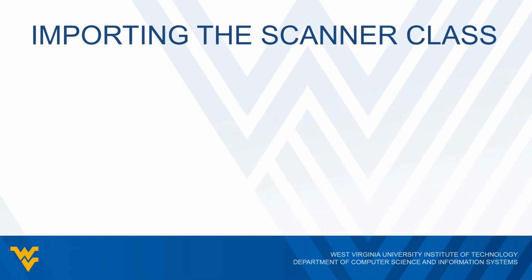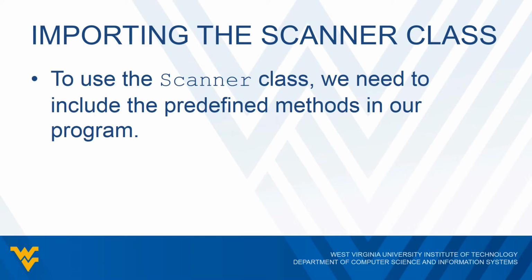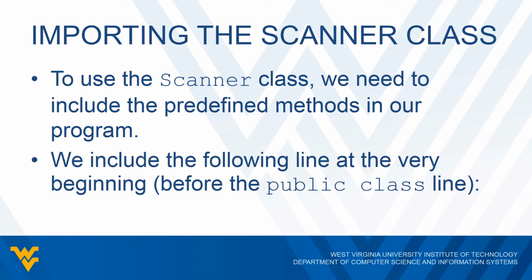Now, if we want to use the scanner class, we have these set of methods, we have to define them in our program. So we have to include them in the program itself. There's a very simple way we can handle that, because since these are pre-made methods, we just include the following line at the very beginning of our program, at the very, very top, before the public class part.